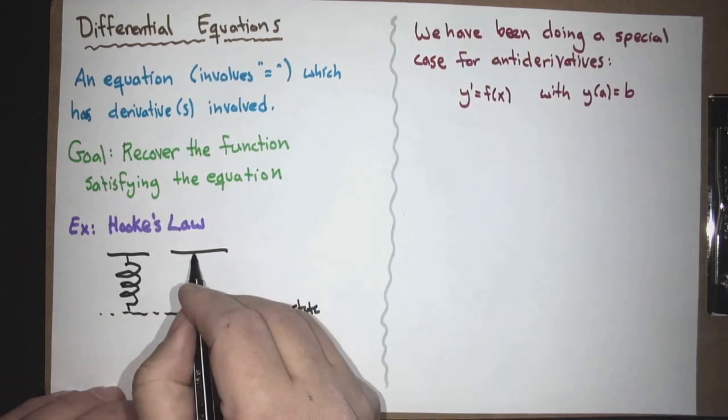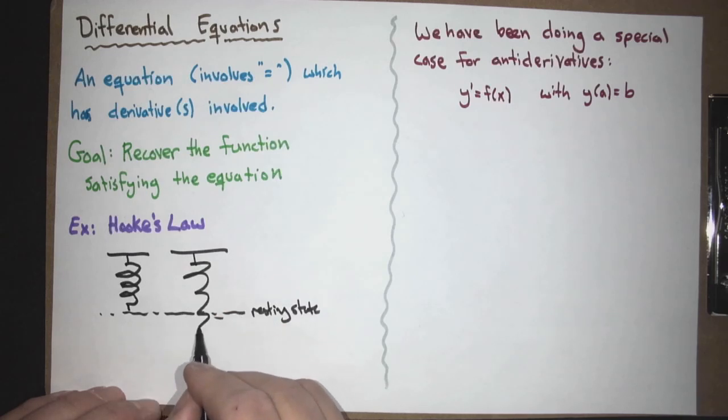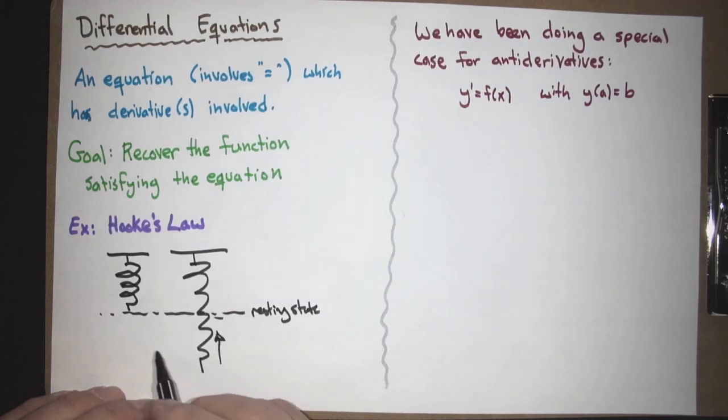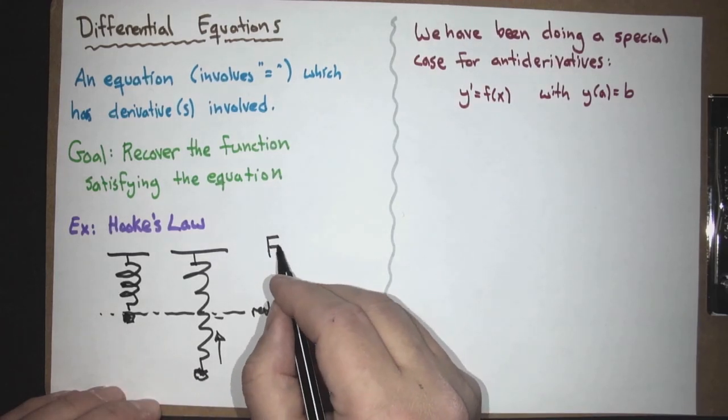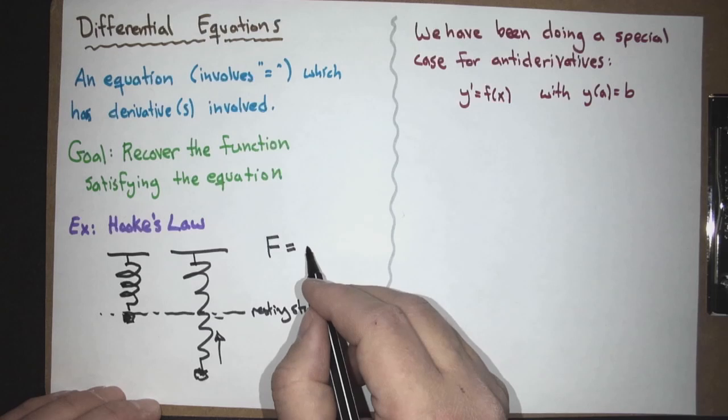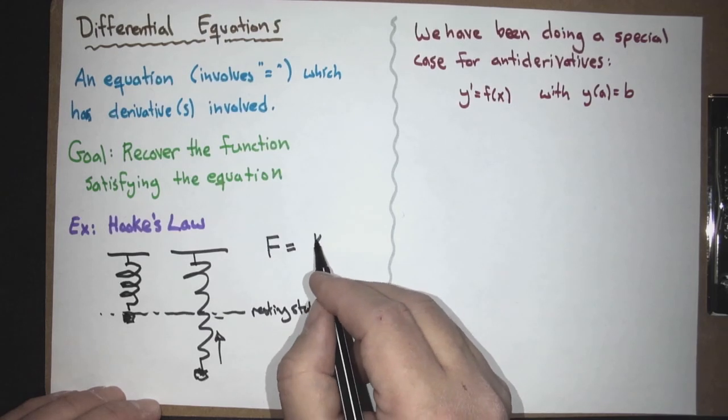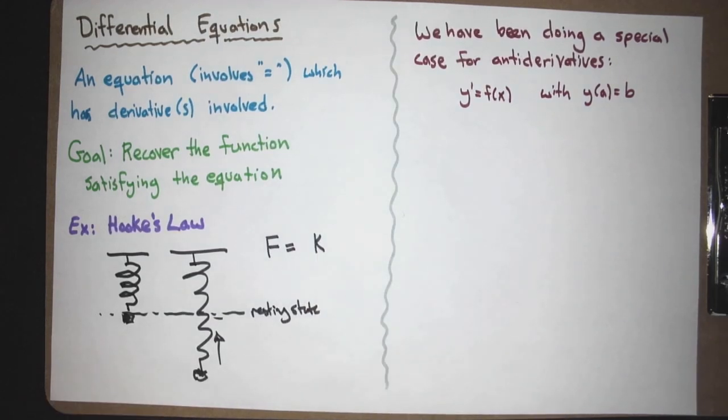Now, you stretch it. What's going to happen? Well, the spring is going to want to go back up to where it started. And it's reflected in the amount of force. And it says the force is proportional to, which is just a fancy way of saying there's a constant, how far you've pulled it.